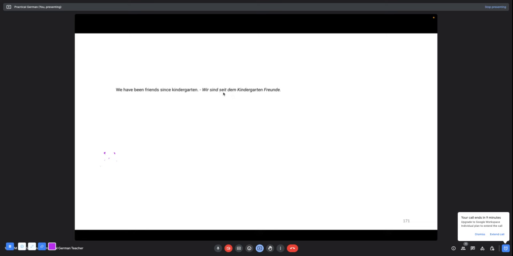For example, I normally say, here I write wir sind seit dem Kindergarten Freunde. It's not incorrect. You can still write it. So only the position of the verb is fixed and the position of the subject is fixed related to the verb, either before or after. Anything after that, you can play with it. But I don't recommend that right now, but we'll do that in B2.